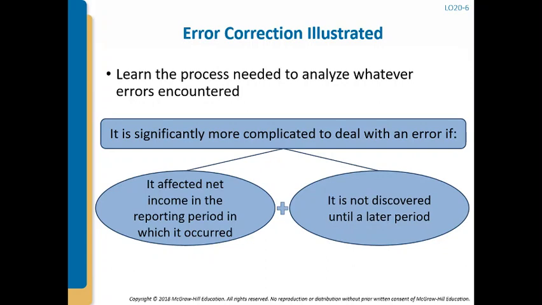And what you have to understand is there are any number of errors that could happen. So as long as you understand the general steps, you can figure out how to correct any error.